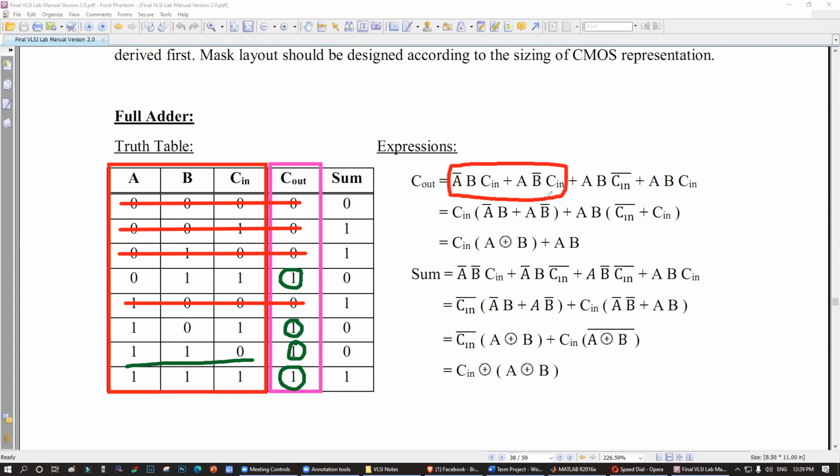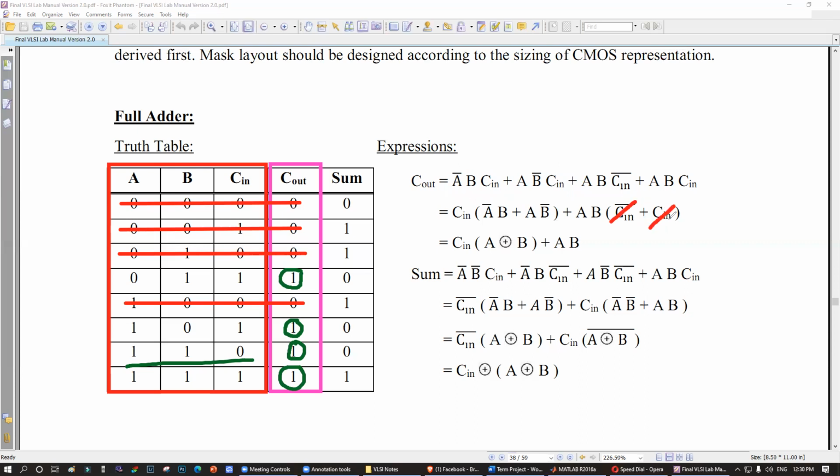Right, everyone? From these two, can you take AB common? AB, AB. So I have taken AB common, so C in bar plus C in, right? Now, you all know something bar plus something is equal to 1, right?